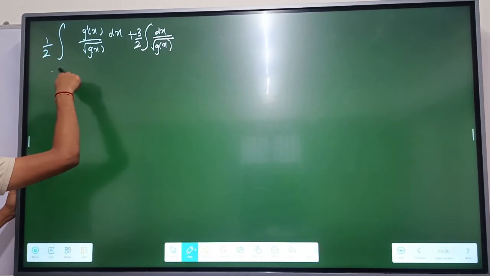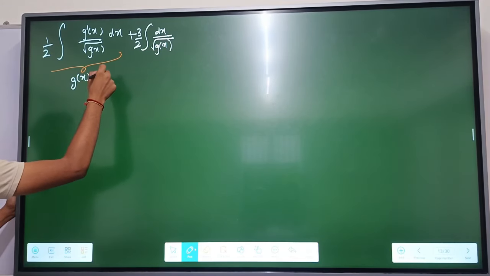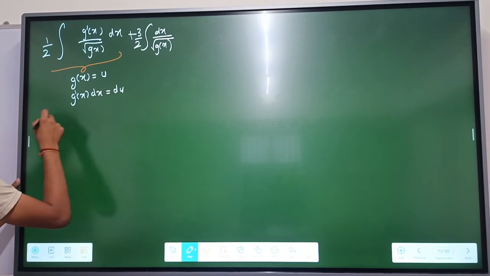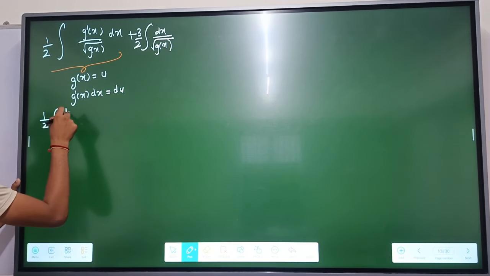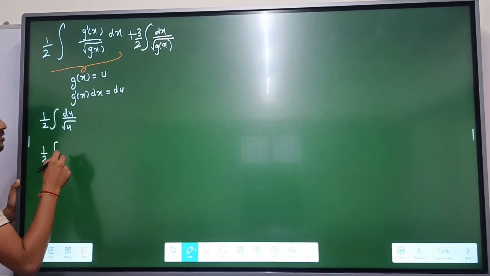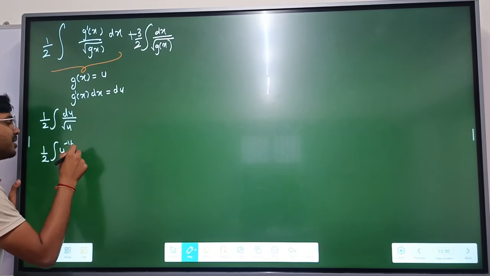Now to solve this integration, what will you do? Take g(x) as some variable u. So differentiation g'(x) dx would be du. So we'll get 1/2 integration of du/√u, which will be 1/2 integration of u^(−1/2) du.